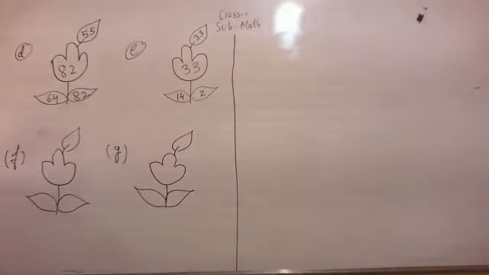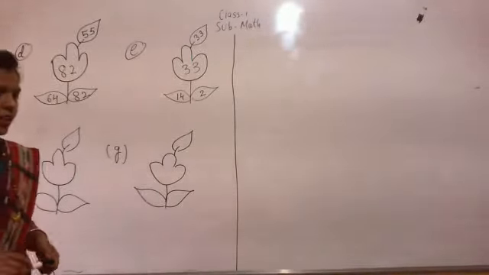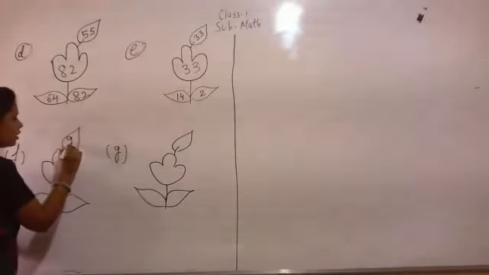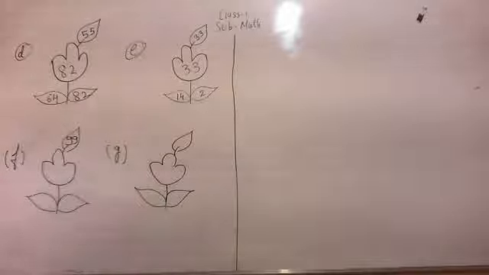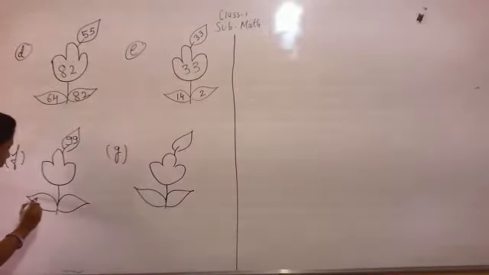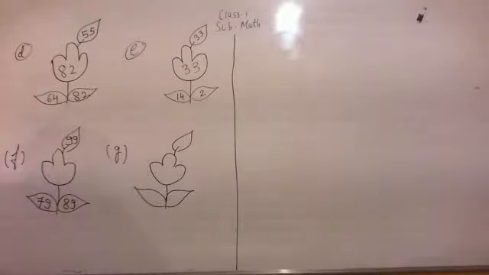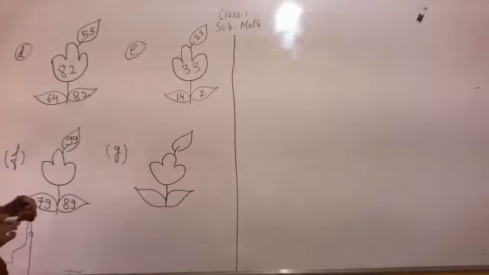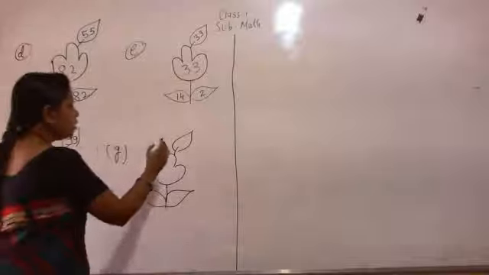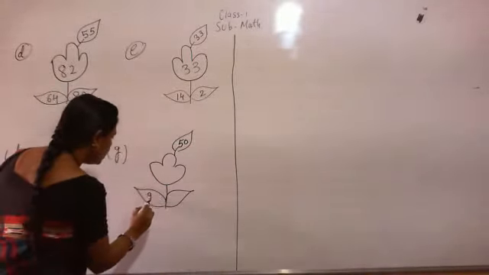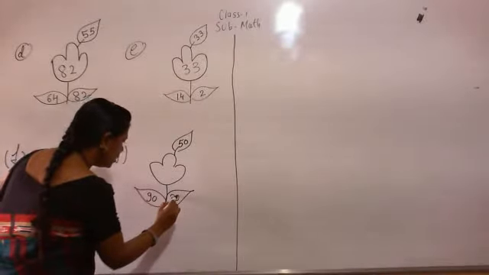Okay, now see the F, question number F. What are the numbers written here? 99, 79 and 89. This question you do on your own, and G also you do on your own. 50, 90 and 30.